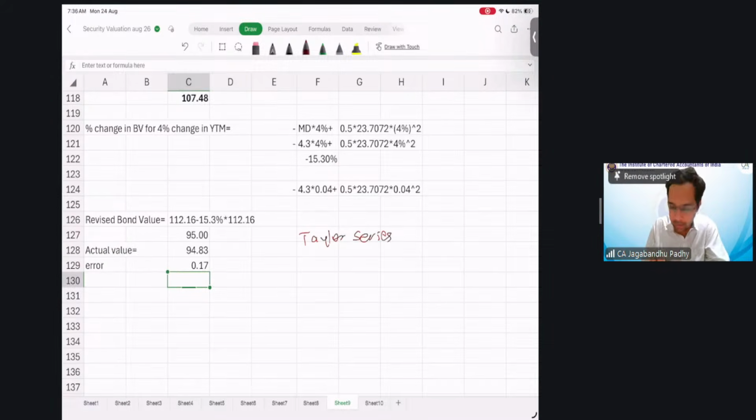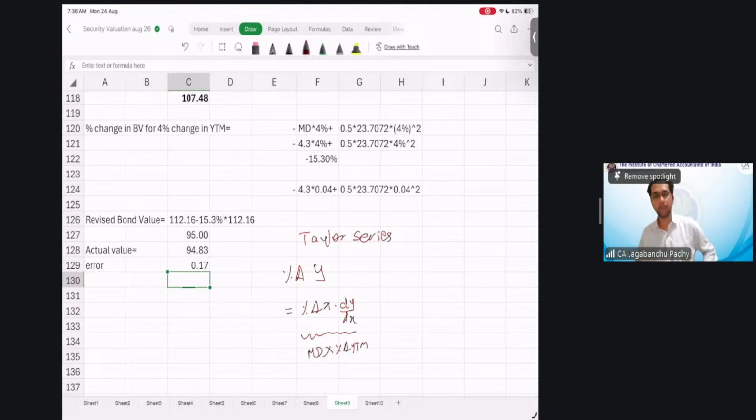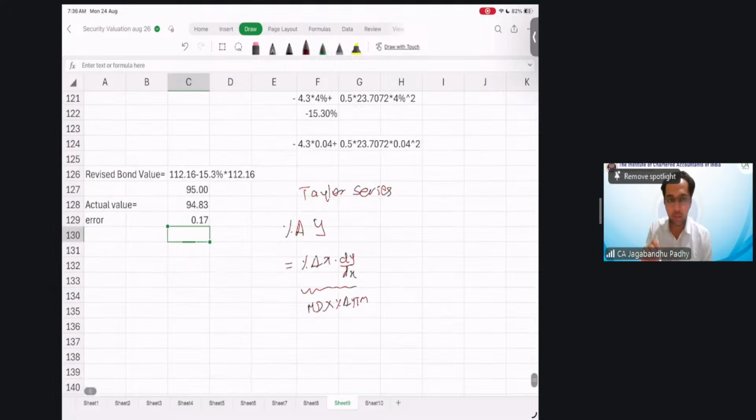In the Taylor series, whenever you want to see a percentage change in y, that's actually calculated initially as percentage change in x multiplied by dy by dx. This is exactly what we did as modified duration into percentage change in YTM. But this is just a very crude or rough estimate.